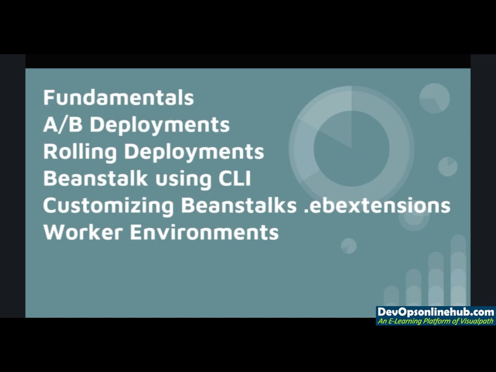And then we'll see how to customize your Beanstalk using EB extensions, and we're going to cover that in detail. If you have your Beanstalk created through the AWS console or through the CLI but want additional customizations, you can do that as well using EB extensions and CloudFormation.